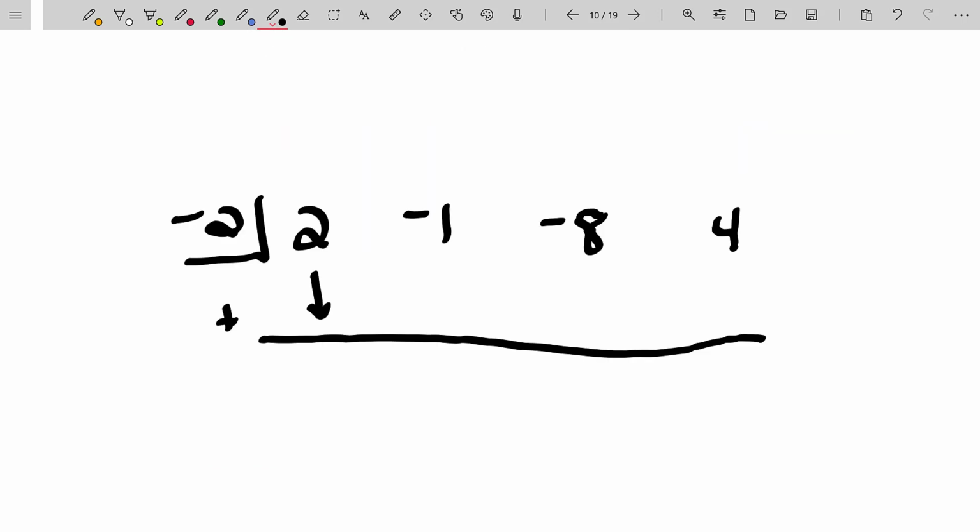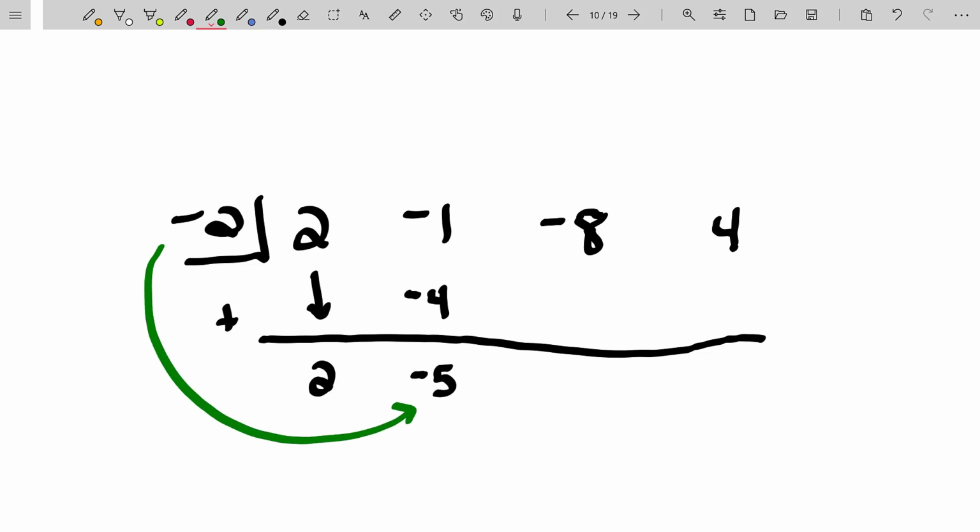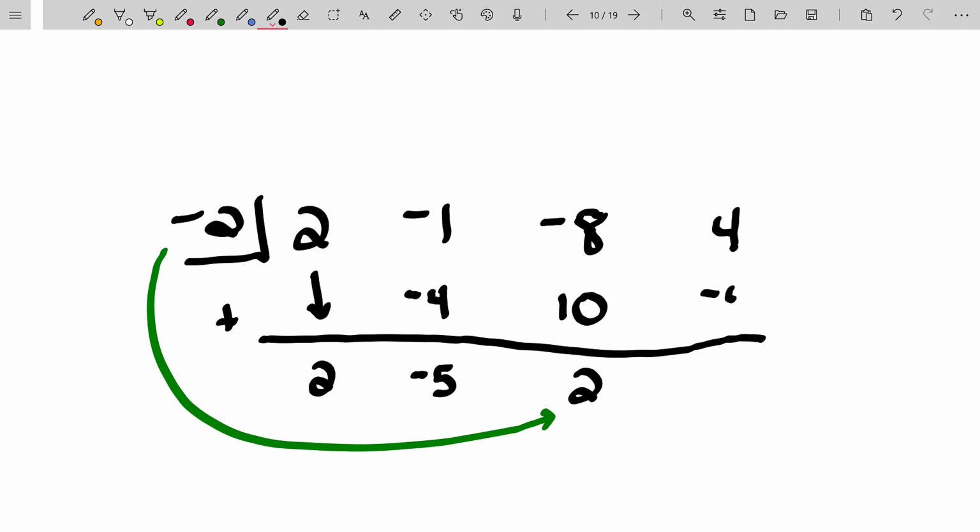You bring down the 2. 2 times negative 2 gives me negative 4. You add those two together, you get negative 5. Negative 2 times negative 5 is positive 10. You add those together, you get 2. Negative 2 times 2 is negative 4. You add those two together, you get 0.